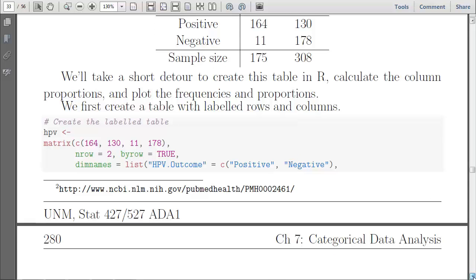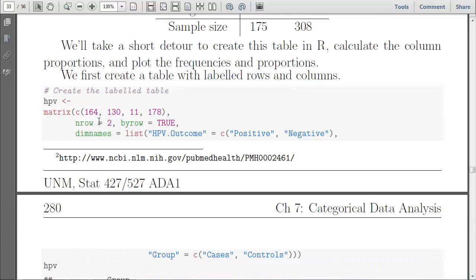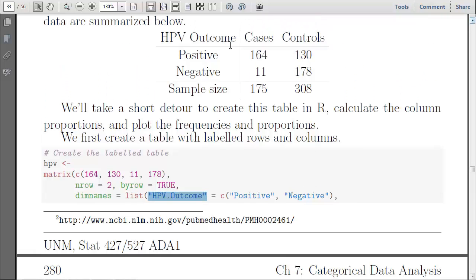I always find it helpful to label a table. So we can also specify dimension names, and we specify first the row, then the columns. So I'm going to create a list, and this has a somewhat particular syntax. The first thing in quotes, HPV.outcome, is the title for the rows, and that equals, and then I combine and create labels for each row.